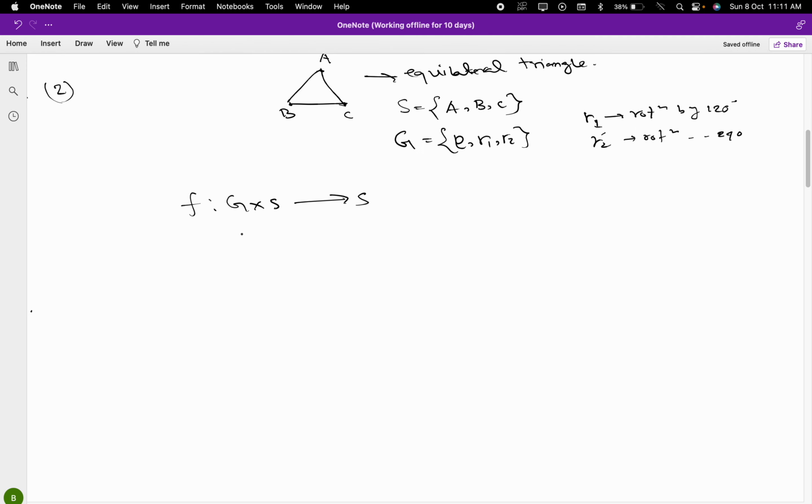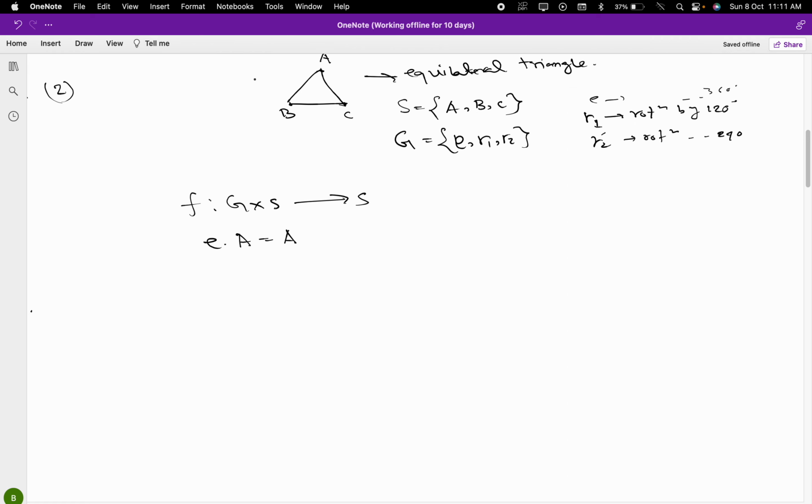G has the element identity, and if you take the identity and any element A, it should give you the element A, right? Identity is rotation by 360 degrees, right? If you rotate an element by 360 degrees, it will remain the same, don't you think?